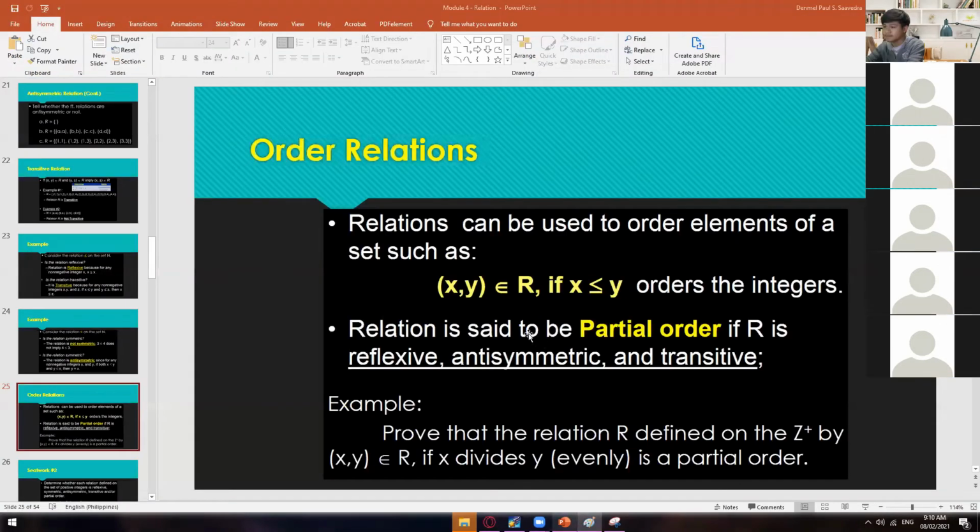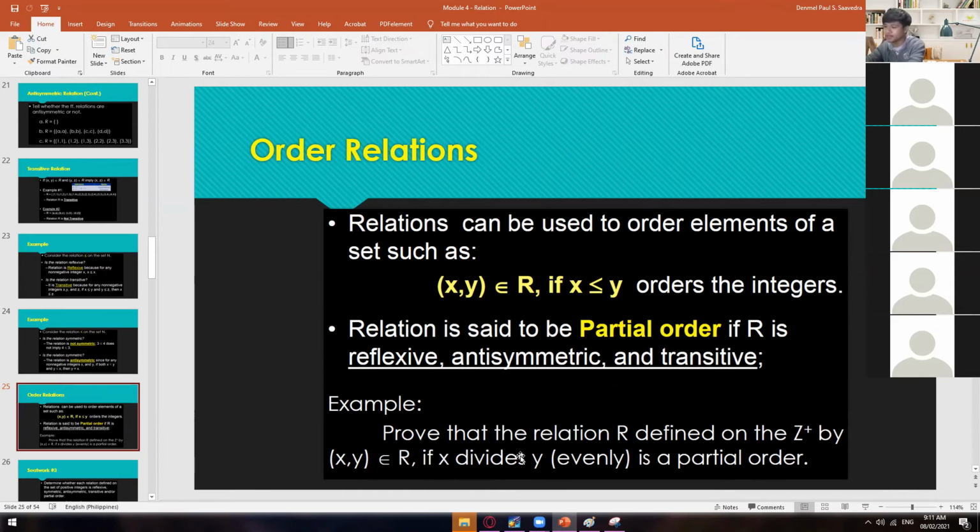All right, so let's have an example. Prove that the relation R defined on the Z plus, which again is 1 and above, by this condition, x divides y, wherein you will have an even result, is a partial order.